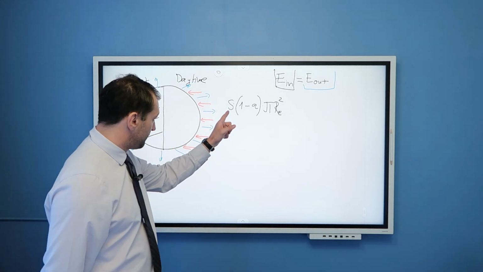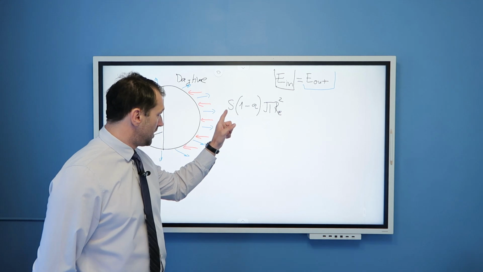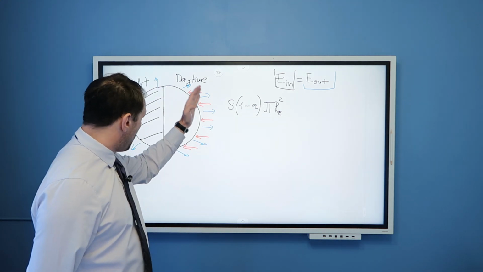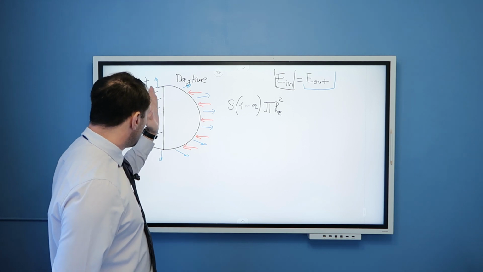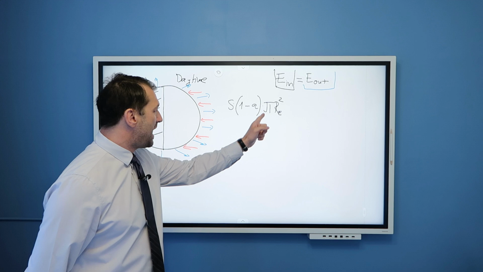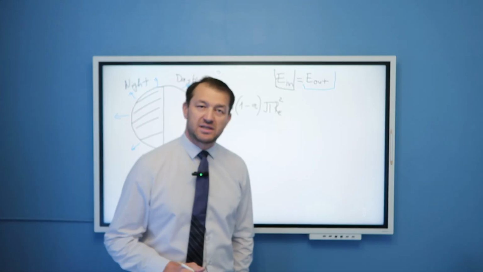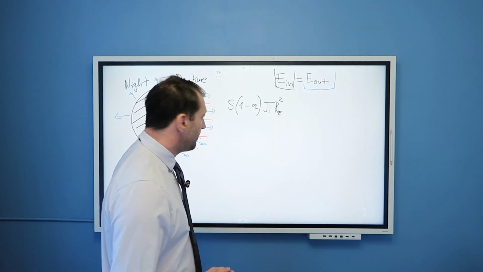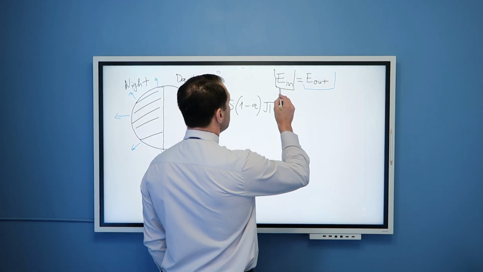Because, in other words, solar constant is per square meter, but I now want to extend this to the whole area of the half of the planet that is facing the sun, and that area is pi radius of the Earth squared. And radius of the Earth is about 6,700 kilometers, but as you will see, it's not important here. So that is energy in.